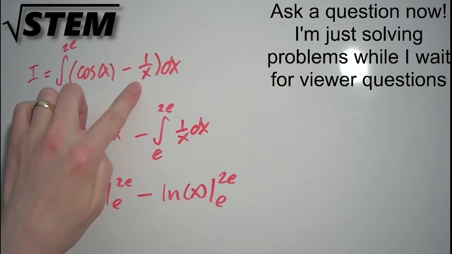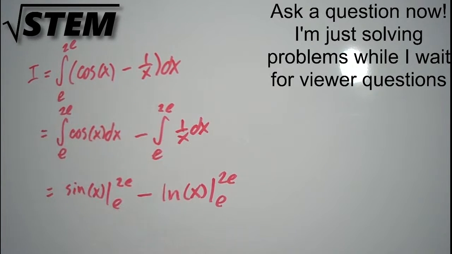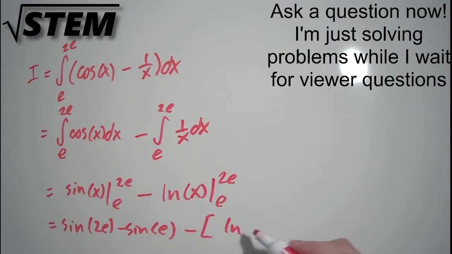So I knew we'd end up with a natural log and some e's, so they're going to cancel out somehow. So this is sine of 2e minus the sine of e minus natural log of 2e minus the natural log of e.